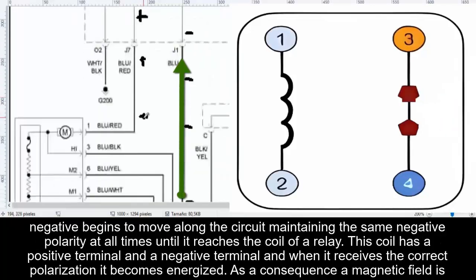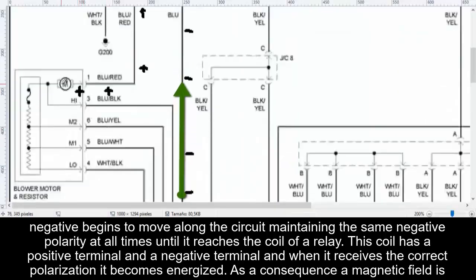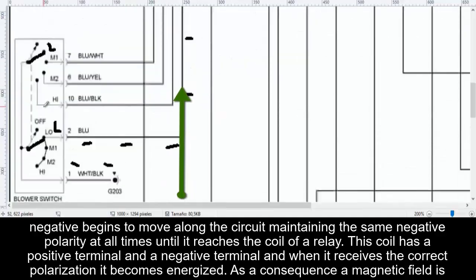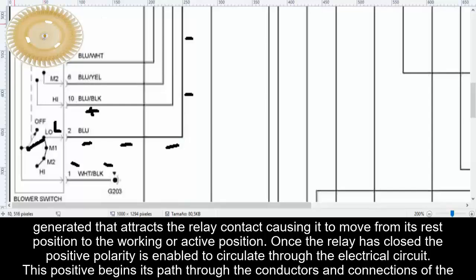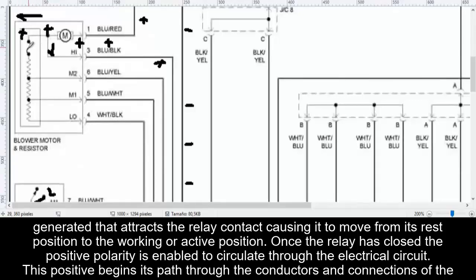That negative begins to move along the circuit, maintaining the same negative polarity at all times until it reaches the coil of a relay. This coil has a positive terminal and a negative terminal, and when it receives the correct polarization, it becomes energized. As a consequence, a magnetic field is generated that attracts the relay contact, causing it to move from its rest position to the working or active position.